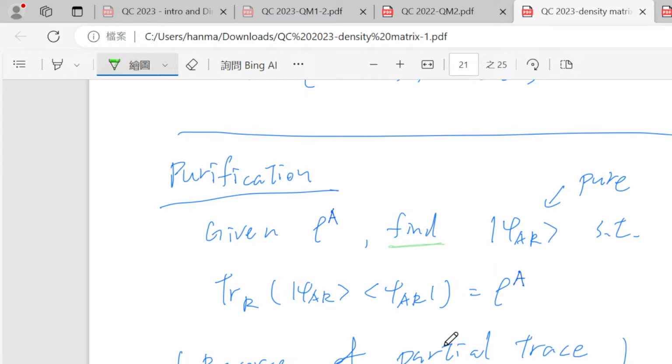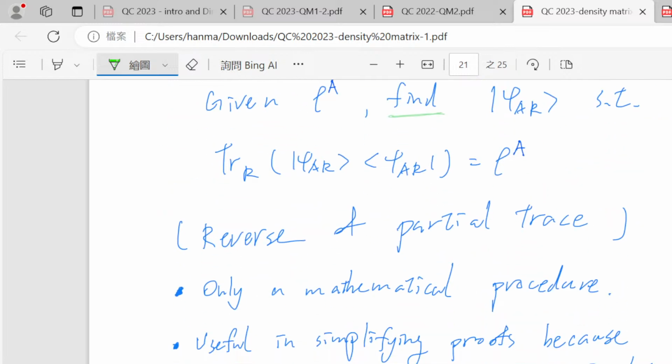So basically you want to do a reverse operation of the partial trace. And remember, before, rho AR can be a mixed state, but here we want to do something special because we like pure state. And so when we do purification, we go back to pure state.